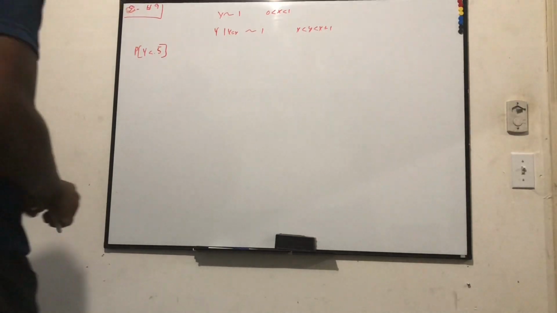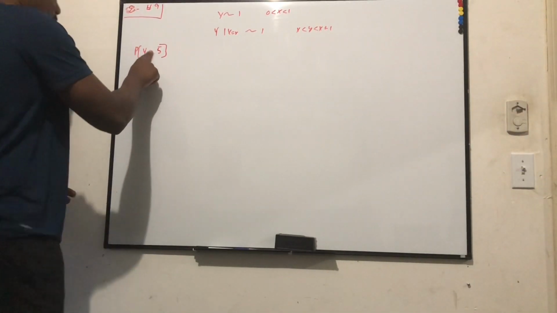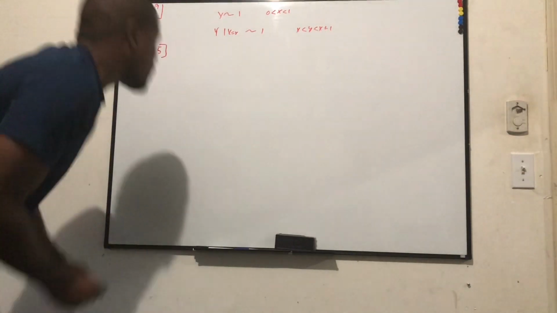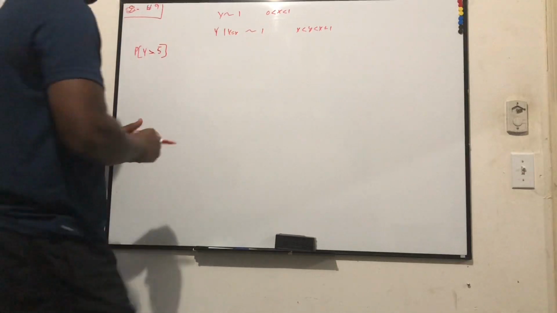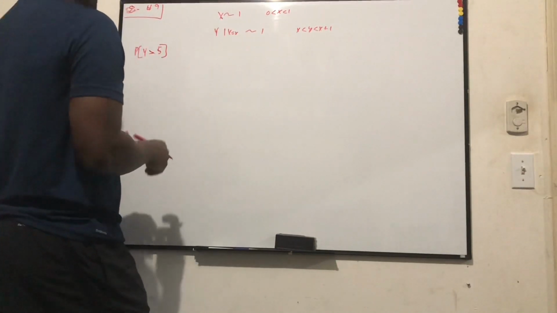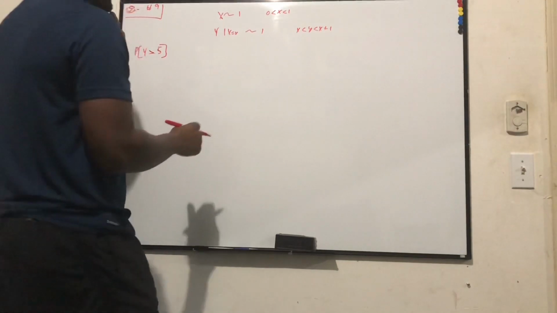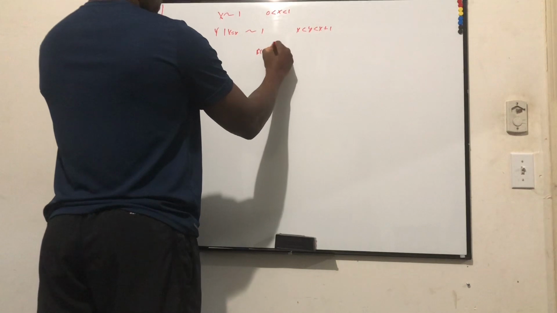So, greater than 0.5. So, we're given this. Let's find the joint of x and y.